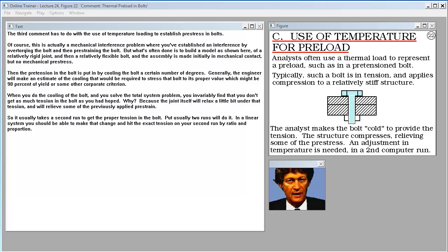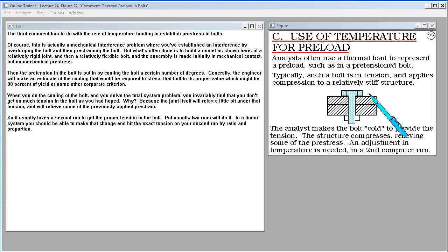A third comment has to do with the use of temperature loading to establish pre-stress in bolts. Of course, this is actually a mechanical interference problem where you've established an interference by over-torquing the bolt and then pre-straining the bolt.